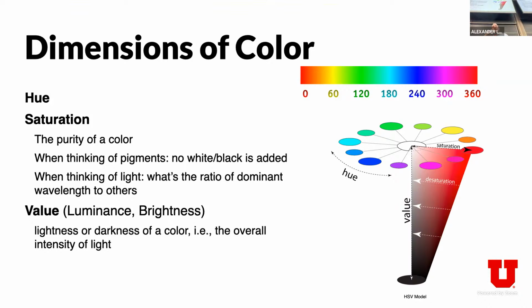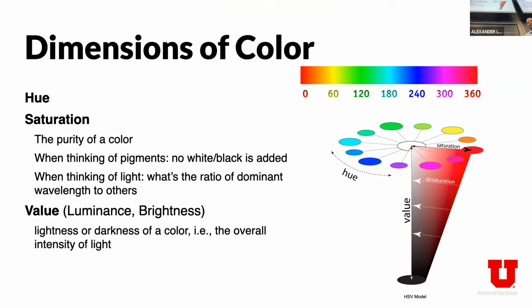And there are two very different ways of thinking about how color is created. Color is created either by pigments, where light reflects off an object that has pigments of a certain wavelength. Or, when we think of light, it's actually just the wavelength, right? This is important for printing versus displays or projectors.